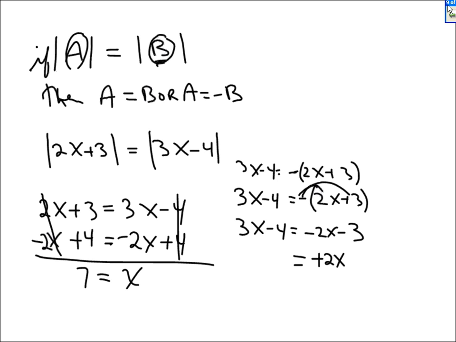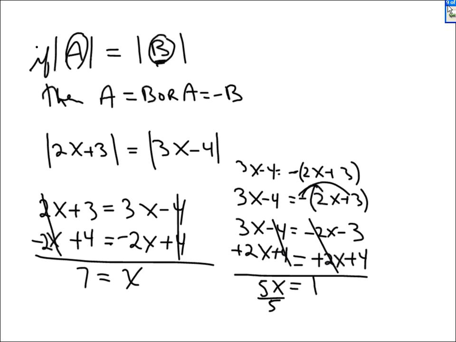That is, get rid of the x's on the right side by adding 2x. Bring all the numbers to the right side then. Add 4. There's no numbers on the left side. And now you get that 5x is 1. Divide by 5, and x is 1/5.